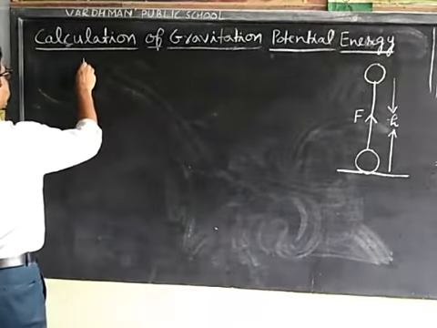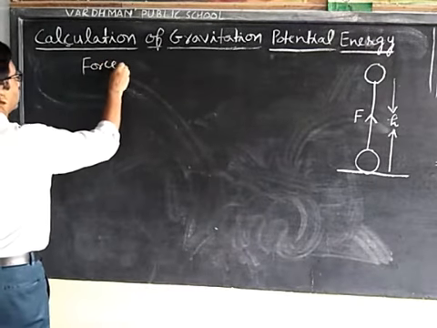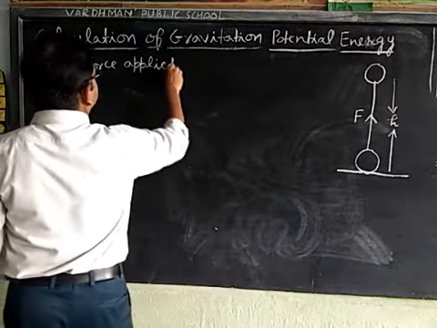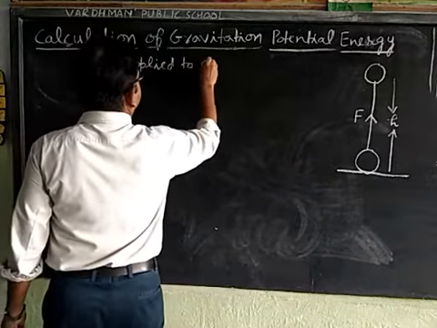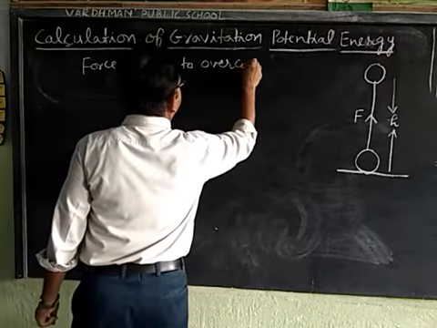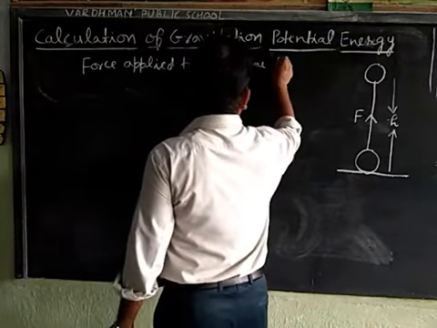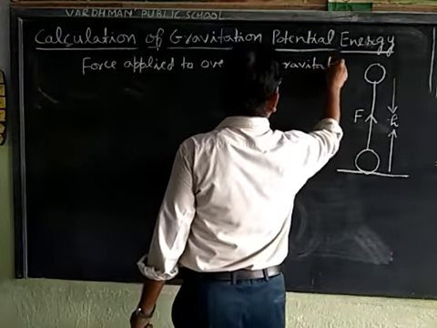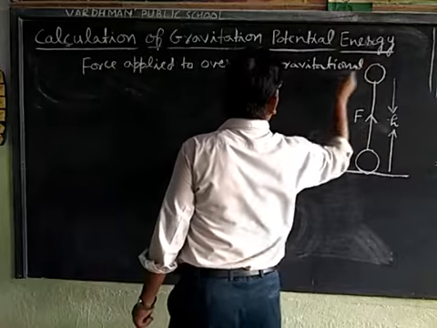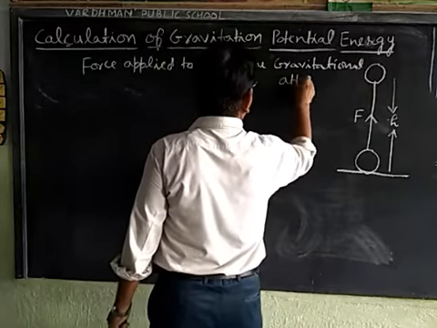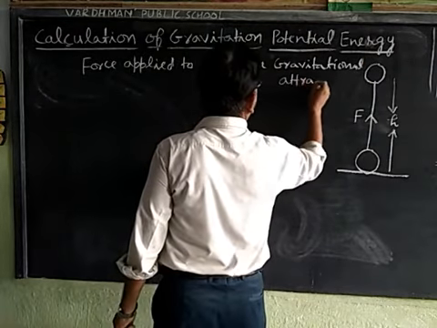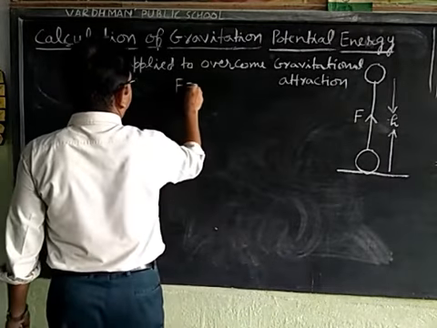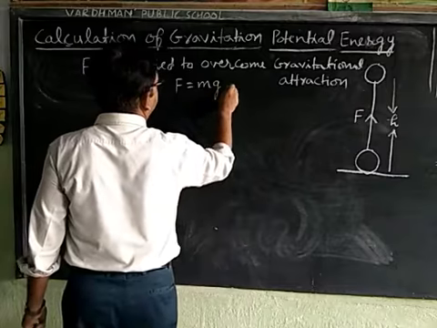Now the force applied to overcome gravitational attraction, that is F is equal to mg.